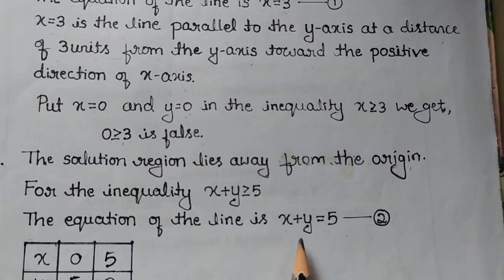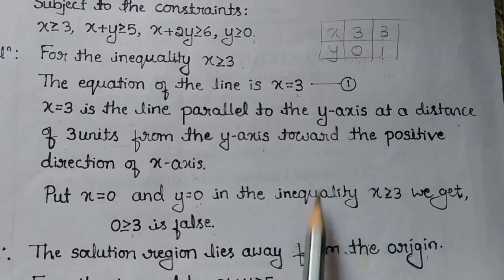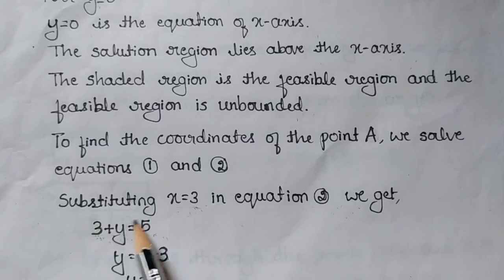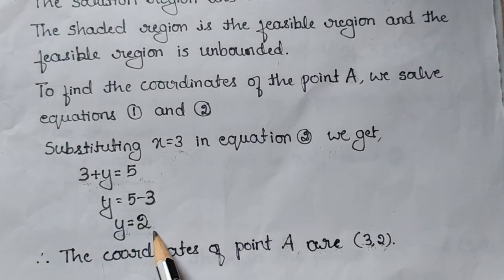So if I subtract equation 1 from equation 2, I can cancel x terms and get the value of y. Or you can substitute the value of x as 3 from equation 1 in equation 2. I have substituted x equal to 3 in equation 2. 3 plus y is equal to 5. On solving we get y is equal to 2.